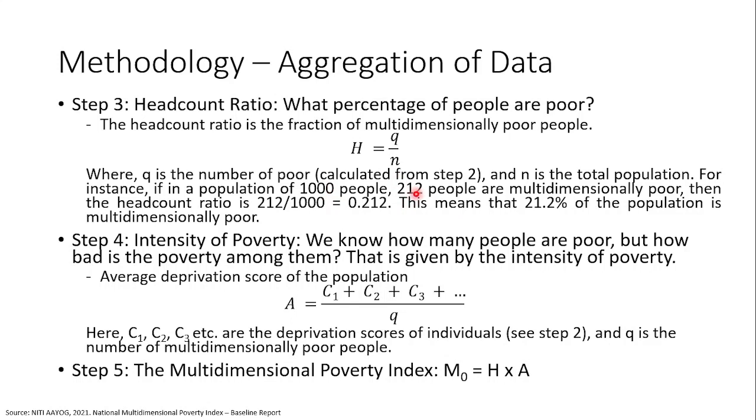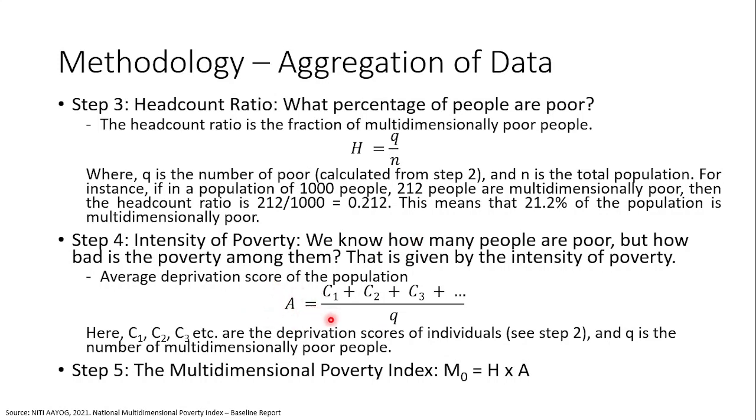Here it says that 212 people are multidimensionally poor. So you calculate the total deprivation score for 1, 2, 3, and so on. Let's take this 1000 people itself. There will be 1000 values here divided by 212. That will be the average deprivation score.